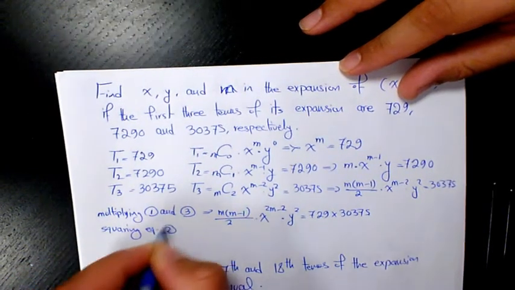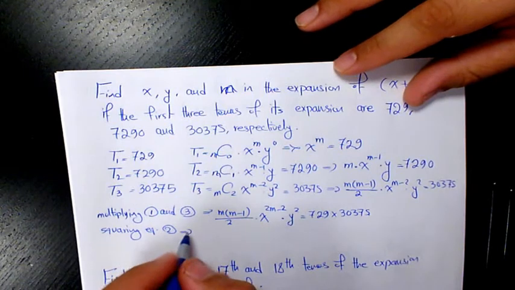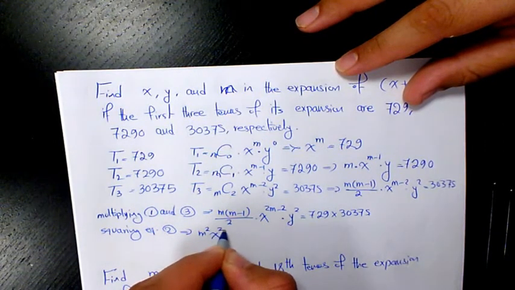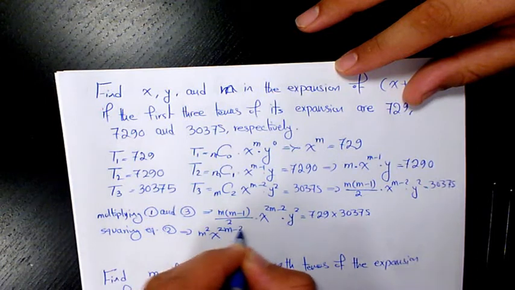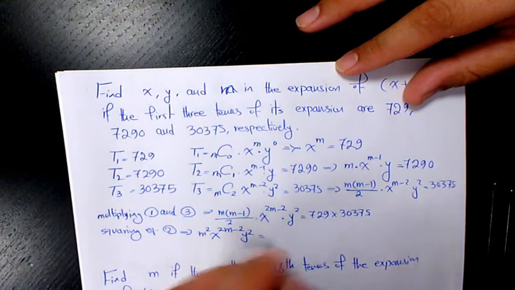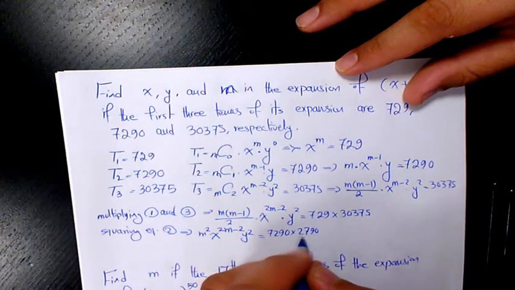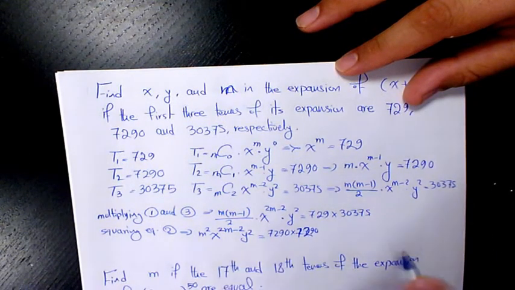On the other hand, squaring equation 2, when you square that, it's going to be m squared x to the power of 2m minus 2 y to the power of 2 equals 7290 times 7290.